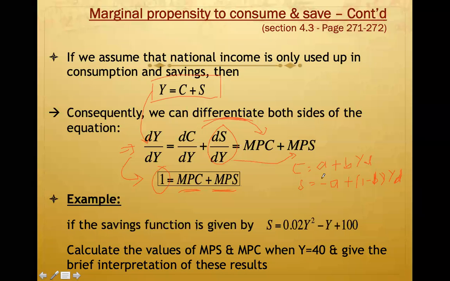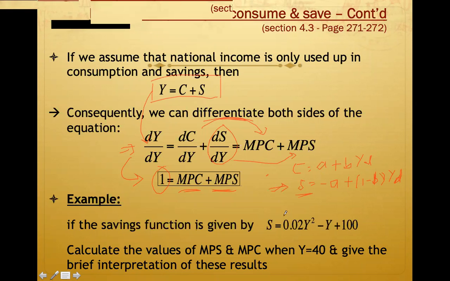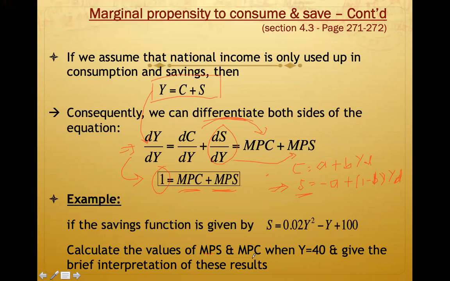But how about if we are going to find out the S, or the other way? For example, in this case, the saving function is given, and the question wants us to calculate the values of MPS and MPC. If we have S, we can easily get MPS by differentiating dS by dY.